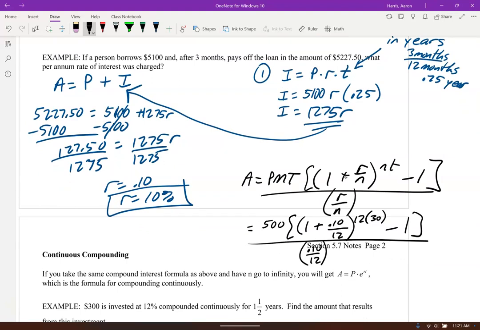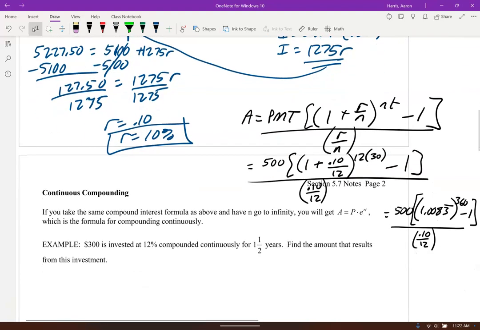Okay. So if I punch that in, first thing is I would do that 0.10 divided by 12. Then I add it to 1. So I got 1.0083 repeated to the 360th power. So I take it to the 360th power, which is 19.83739937, minus 1.